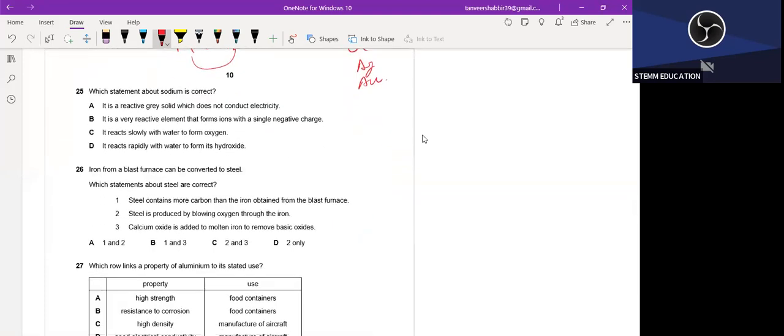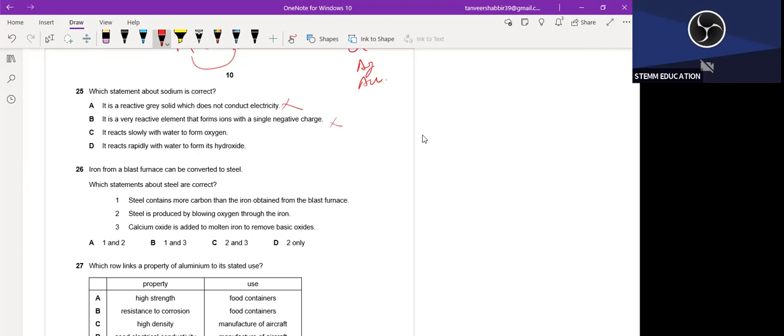Now 25th, which statement about sodium is correct? It is a reactive grey solid which does not conduct electricity. No, sodium conducts electricity. It is a very reactive element that forms ions with a single negative charge. No, it forms an ion with a positive single charge.